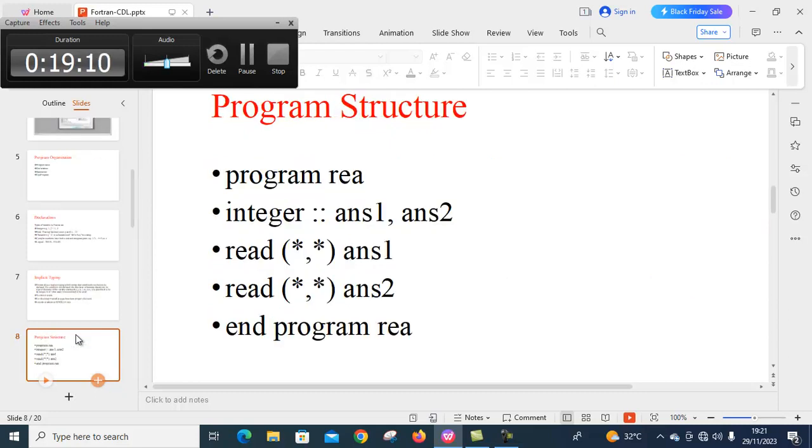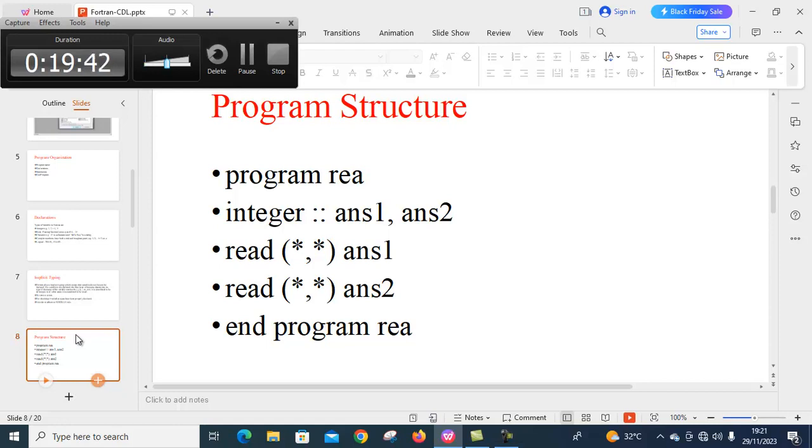Now, we are getting to the real thing. We are going to talk about the program structure. When you talk about a Fortran program, it's just a sequence of lines of text.